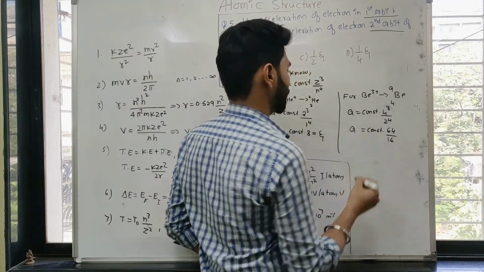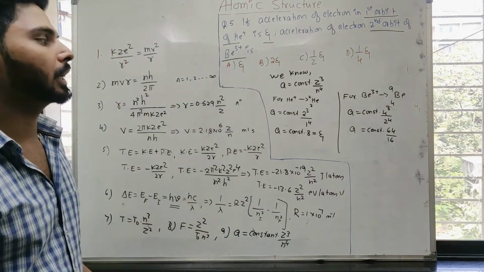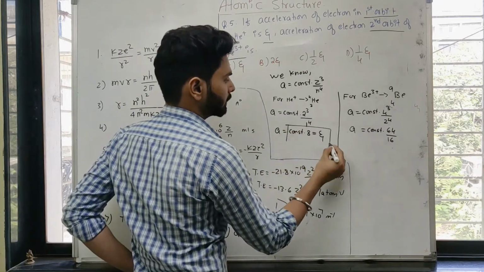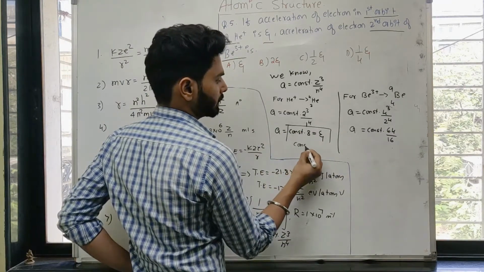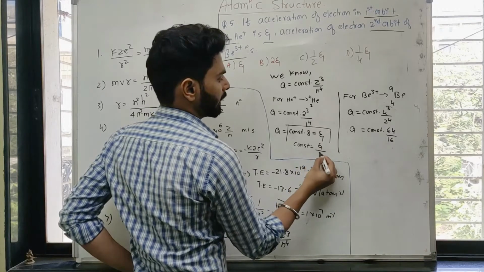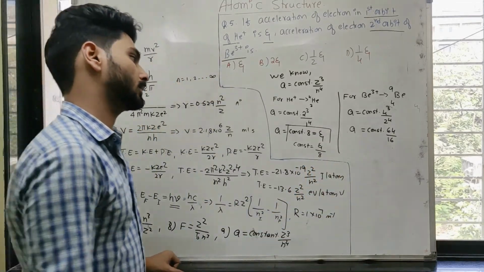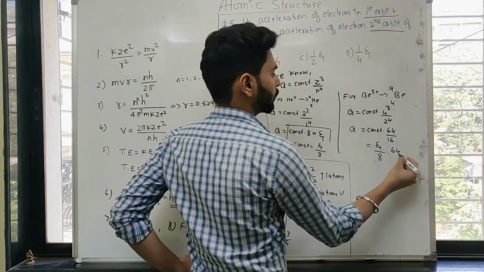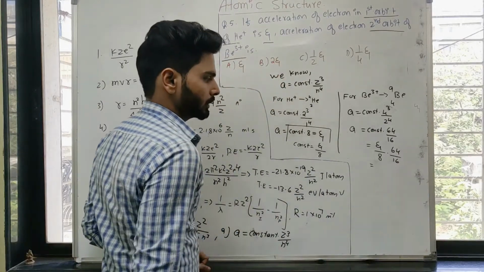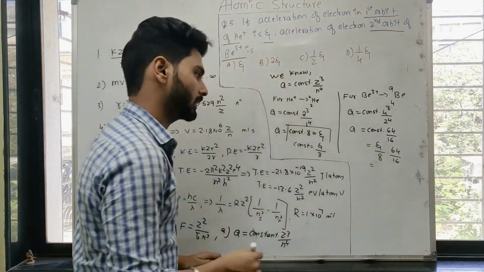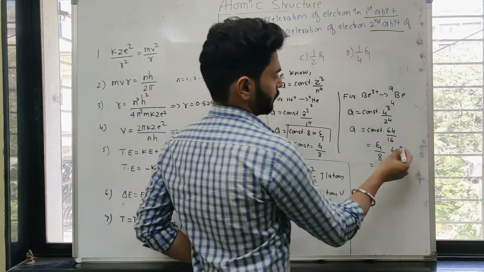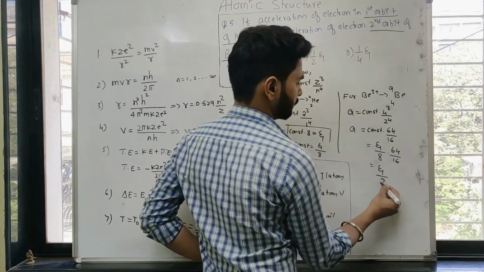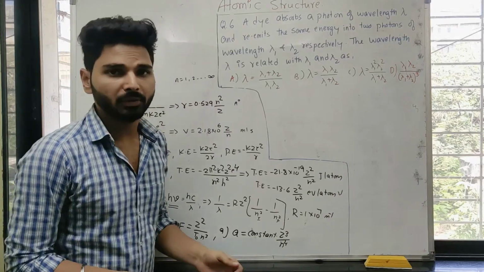Okay, this is the acceleration. Now acceleration can be easily calculated if the constant is given to us, but we can get the constant from this. So constant is equal to eta divided by 8. So let's put that here: eta divided by 8 into 64 divided by 16. So 16 one time and 16 4 times, so 4 one times and 8 2 times, so 4 eta divided by 8, which is eta by 2. Next question.